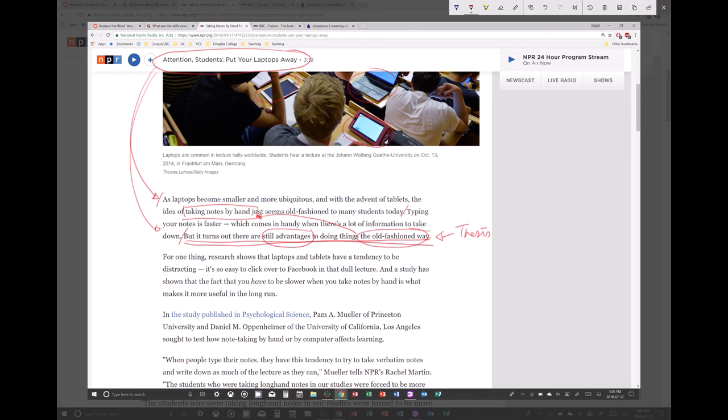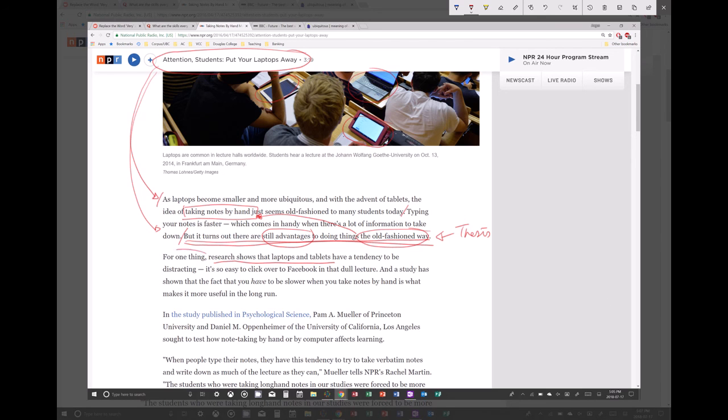Okay. And the following paragraphs that come after would be your body paragraphs, which would have supporting evidence and main points, and then your last paragraph would have conclusions. So keep going. I'll do one more. So this would be a paragraph that talks about the research of laptops and tablets.